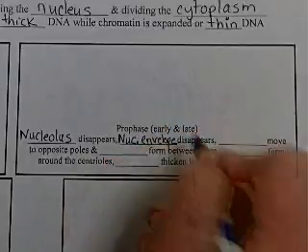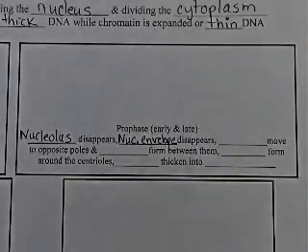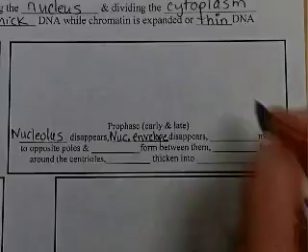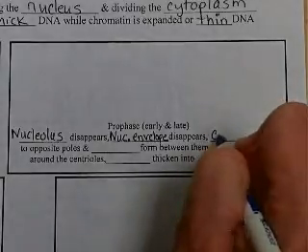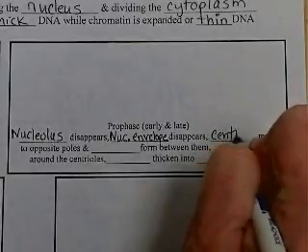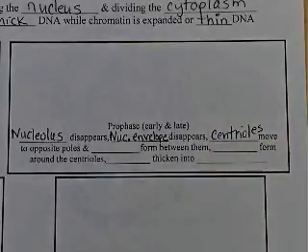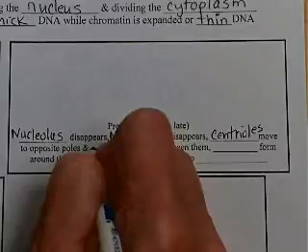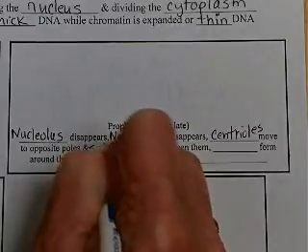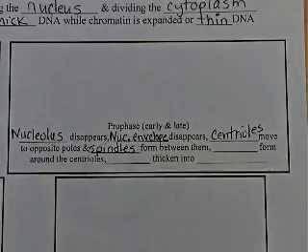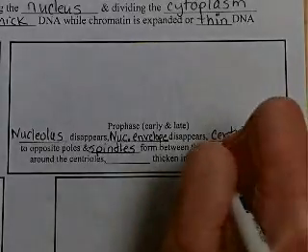The nuclear envelope disappears. Now, remember that we duplicated the centrioles, so those centriole pairs are going to move to opposite poles. It's like we have a south and north pole on our cell, and they're going to move opposite each other. As they move, spindle fibers are going to form between the centrioles, and around the centrioles you're going to have asters form.